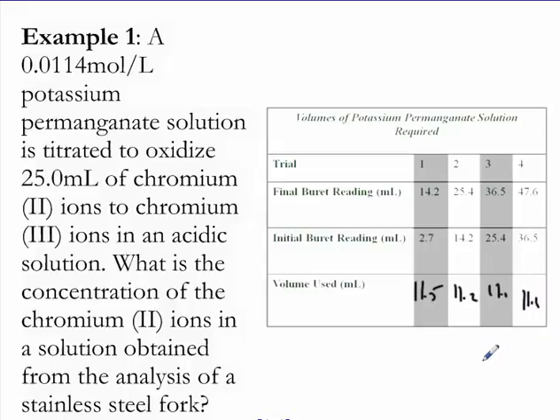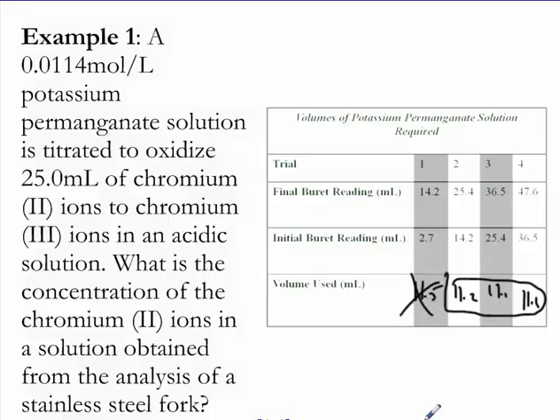Okay, one of the things that hopefully you'll remember, again, this is a refresher of titrations, is that in order for it to be statistically valid, accurate, which means that hopefully we're using the correct values, we're doing it properly, we want 3 trials within 0.2 milliliters of each other, which means that these 3 trials are valid and this trial is not.